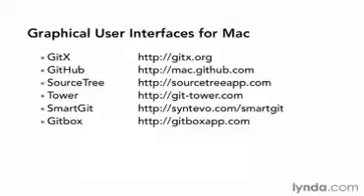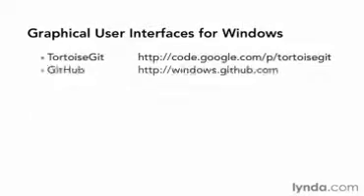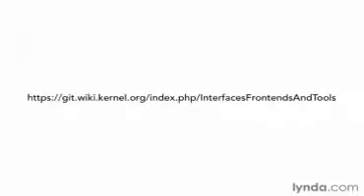But before we do that, let's also look at the list of Windows applications. So if you're on Windows, you probably want to look at one of these. These are the most popular ones. Again, you'll see that GitHub is in that list with their Windows client. And SmartGit actually has one for both. They're cross-platform. They offer it for both Mac and for Windows. And like I said, there are many of these, and new ones are appearing all the time. There's actually a pretty good list maintained on the Git Wiki.